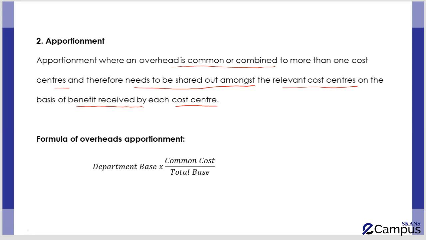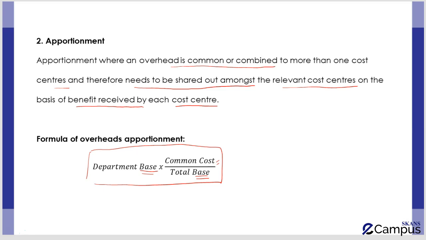We share this cost on the basis of this formula: department base into common cost divided by total base. Here base means the information we use to share the common expense. Now again continuing our previous example of department A and B which we took for allocation.